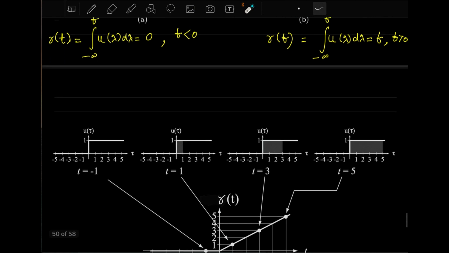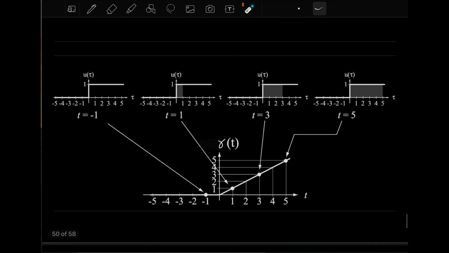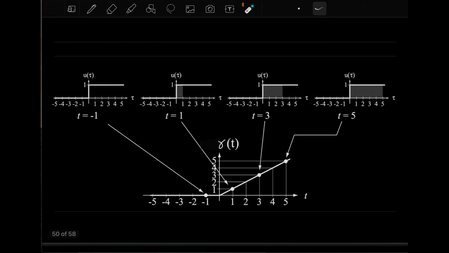And if you want to see it pictorially, you can see something like this, where the integration limit t is changing from -1 to +1 to +3 to +5, and you can see how the area is evaluated when you integrate the unit step. When t is -1, there is no integration area involved.